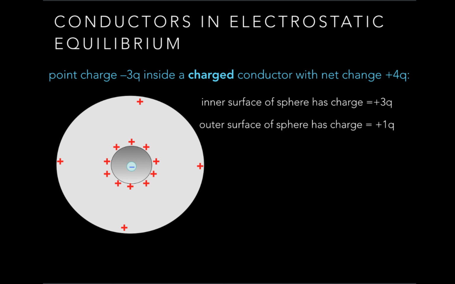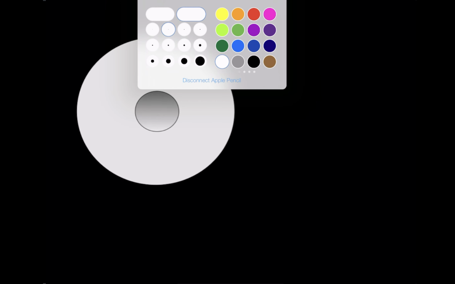Plus 3Q, or minus 3Q in here. Then out here, on this surface, we have plus 3Q, and then on this surface, we have plus Q. Okay, so let's call this radius A and this radius B.